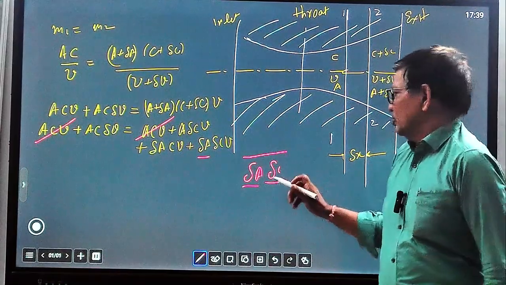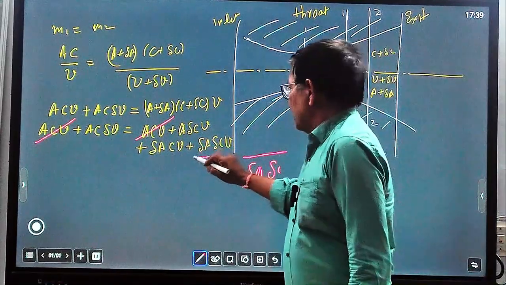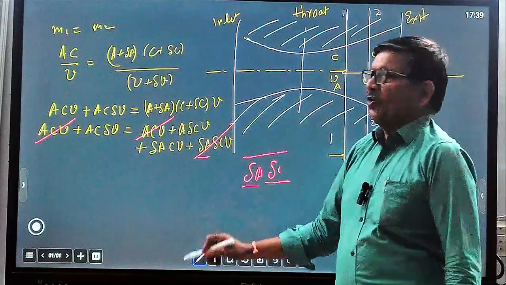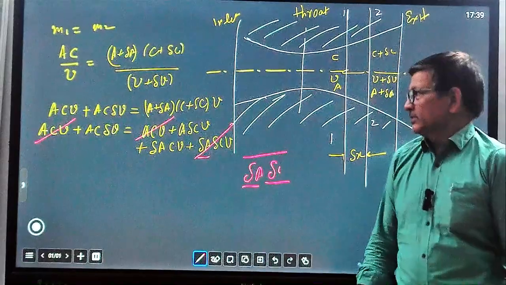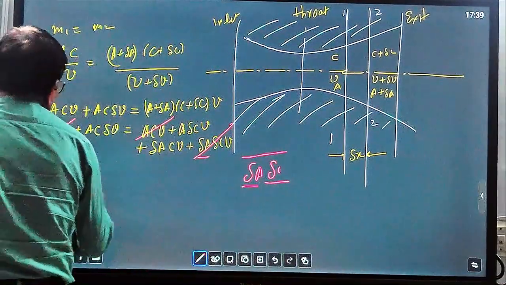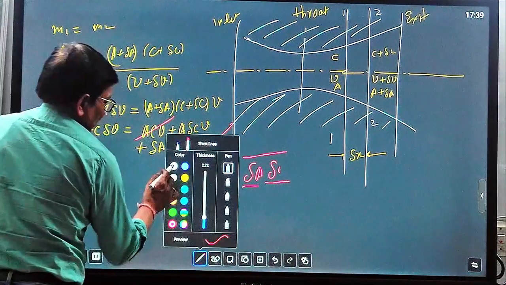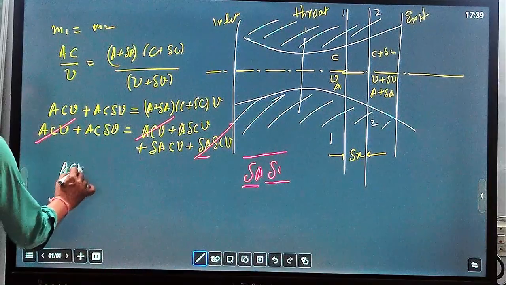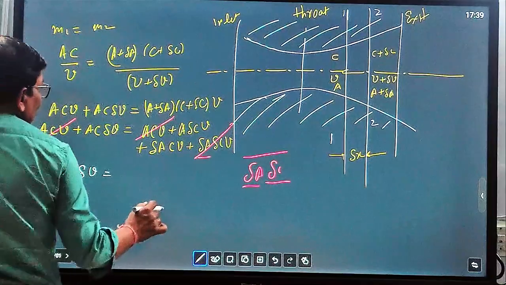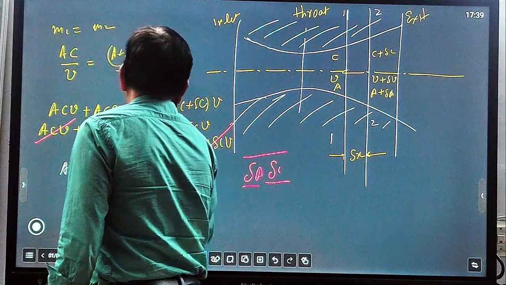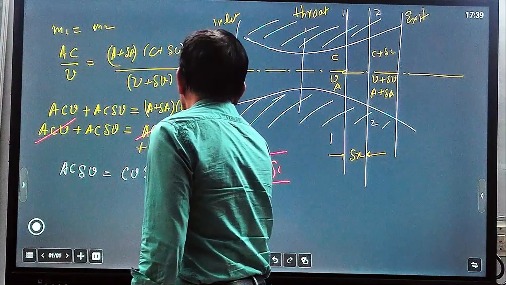Del A and del C are already very small terms, so this double product of two small quantities can be neglected without any significant impact on the result. Now the remaining parameters are: AC del v equals Cv del A plus Av del C.